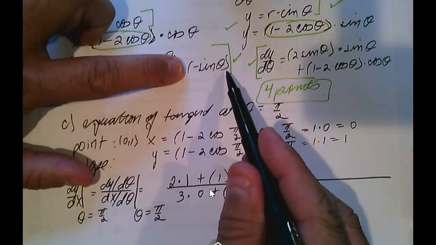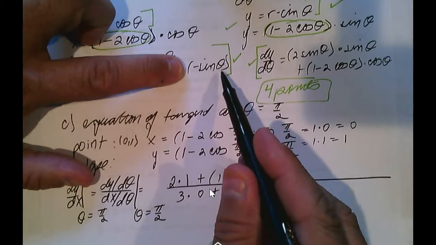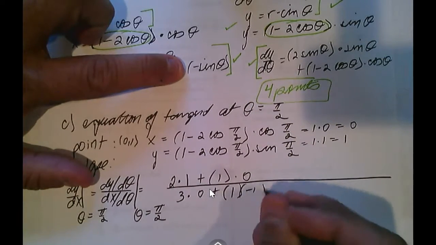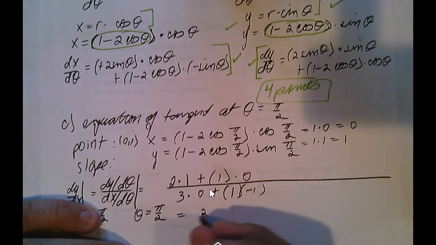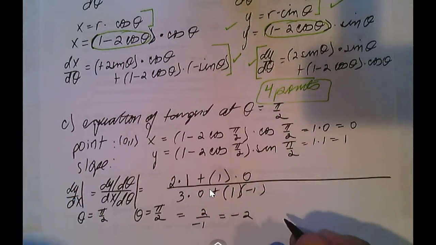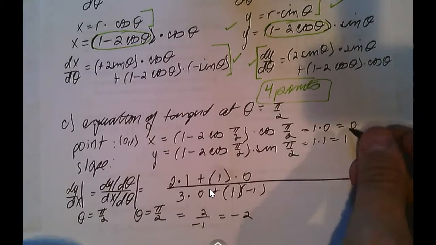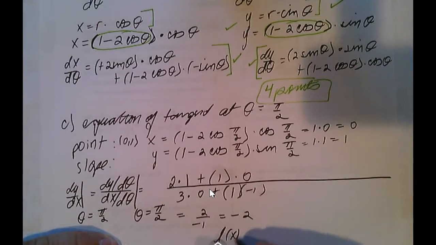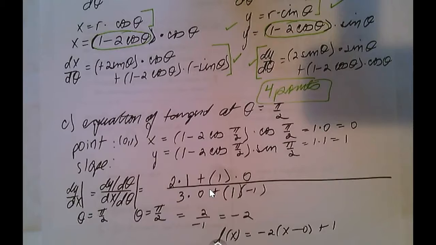Negative sine of π/2. Sine of π/2 is 1. The negative of that is negative 1. So I've got 2 over negative 1, which is negative 2. This is your slope. This is the point. L(x) is going to be negative 2 times (x minus 0) plus 1.